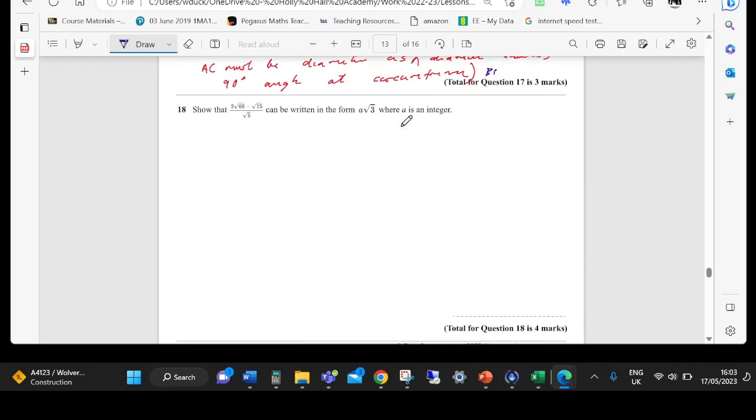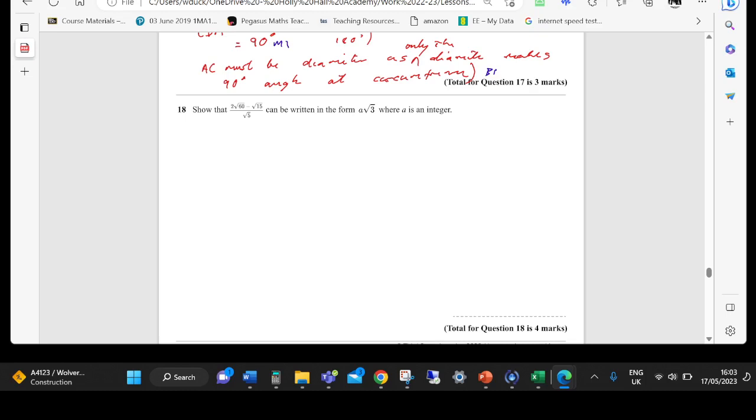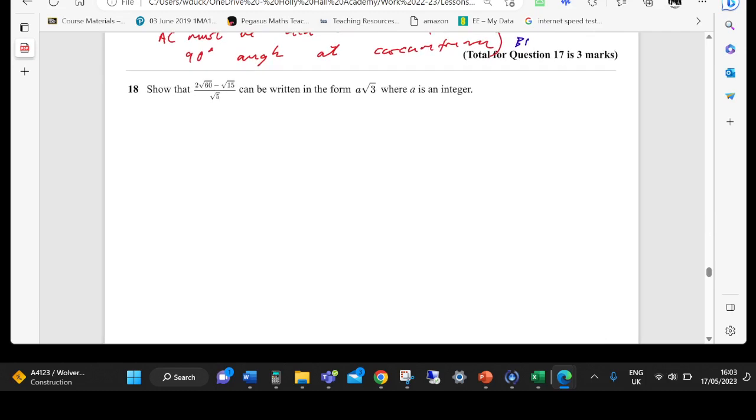Okay, third question, and rationalising the denominator. Again, another topic I've done with my Year 11s very recently because I think that this will be on the paper. So your method for this is, I'm going to tidy up this first of all. Actually, no, I won't.